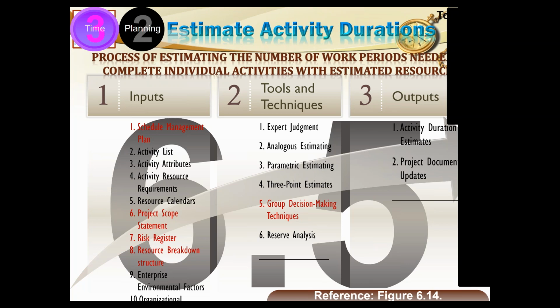So from a statistical point of view, it says give one time weightage to the optimist, one time weightage to the pessimist, and 4 times weightage to the most likely value. So if I take a weighted average, the formula would be my estimate is equal to 1 weight of optimist plus 4 times the weight of the most likely plus 1 time the pessimist, whole divided by how much?